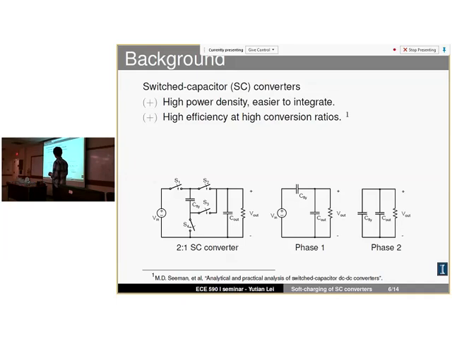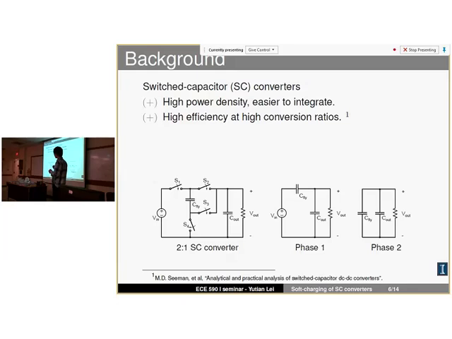We can see that first, there are no inductors here. It uses this flying capacitor to transfer the energy from the input to the output. So it tends to have higher power density, and it's easier to integrate into an IC. It also tends to have higher efficiency at high conversion ratios, because of the presence of this capacitor, all of the switches only need to block half of the input voltage.